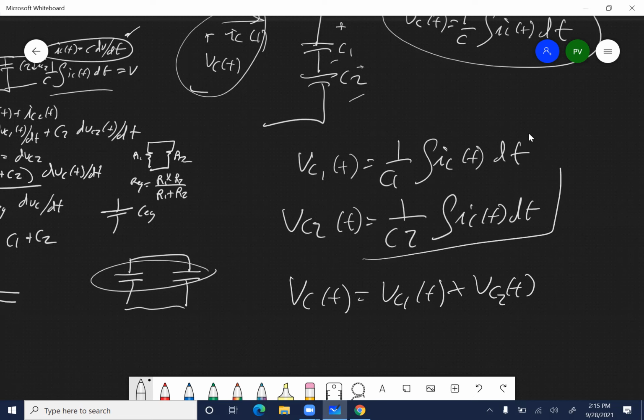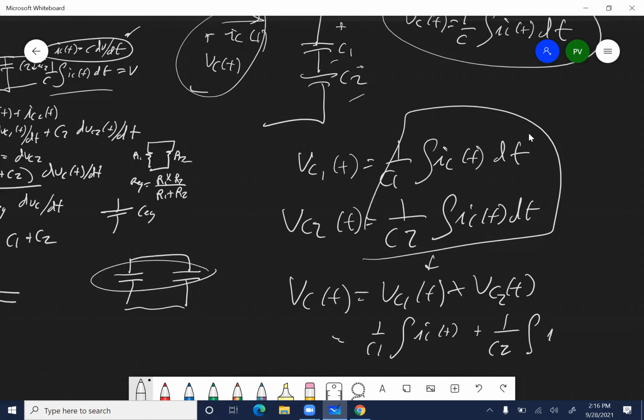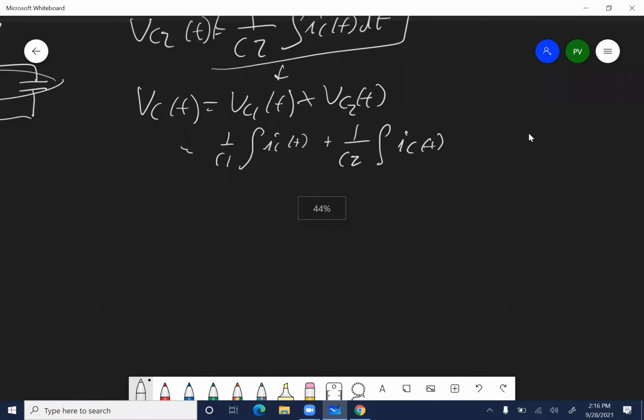So we're going to substitute these two in here, and we end up with 1 over C1 integral IC of T, and I'm just going to drop the dt because I'm trying to save some space. But my integral of IC of T is interesting because it's the same current going through both capacitors.